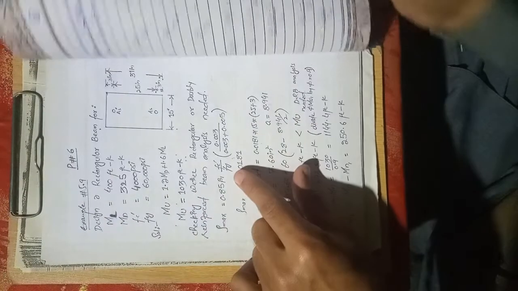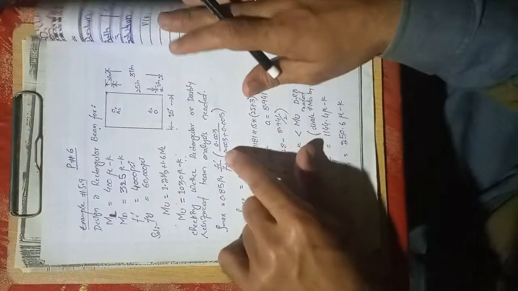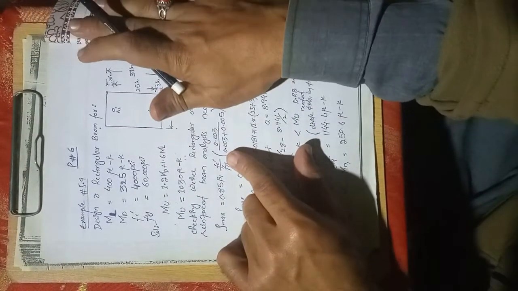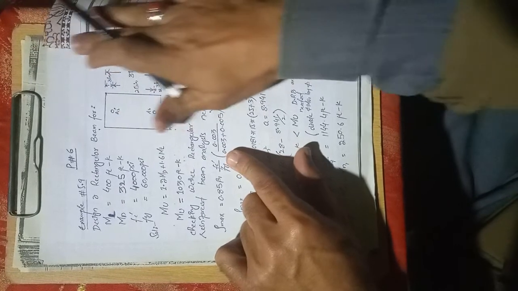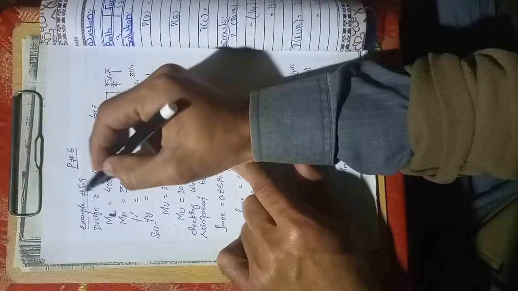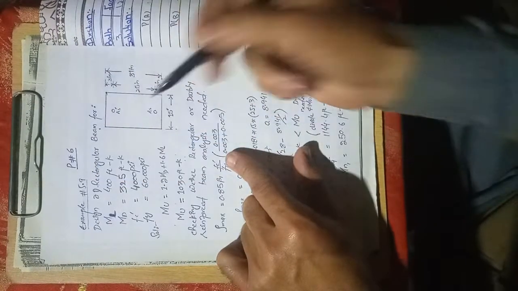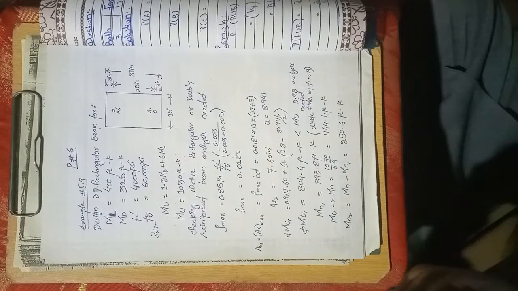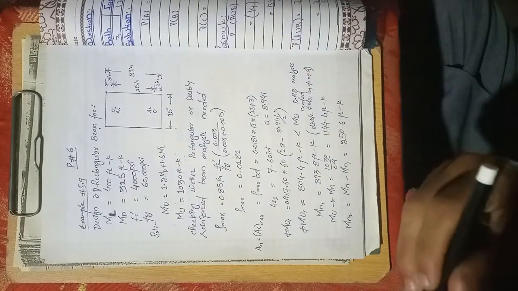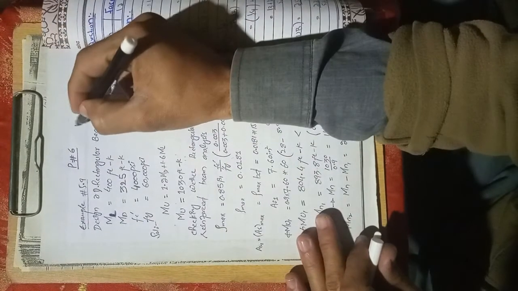Next is the example, which is example number 5.9. This example is basically the design of a doubly reinforced beam, right? Now the section is already given, and this example is from the McCormac book, right?